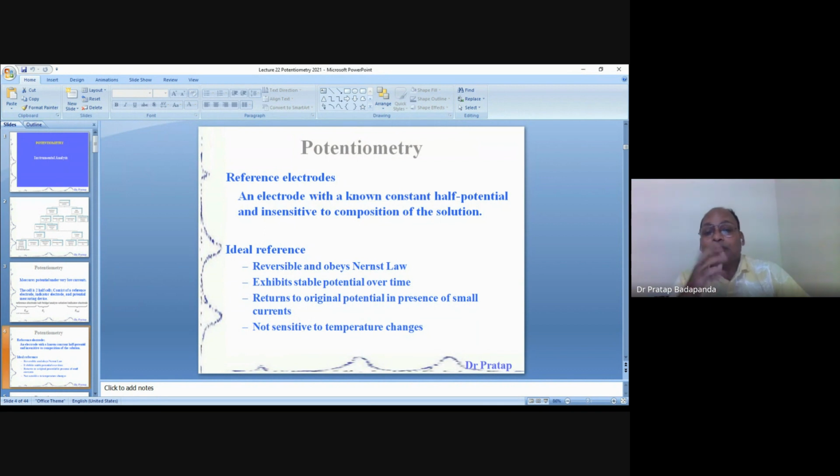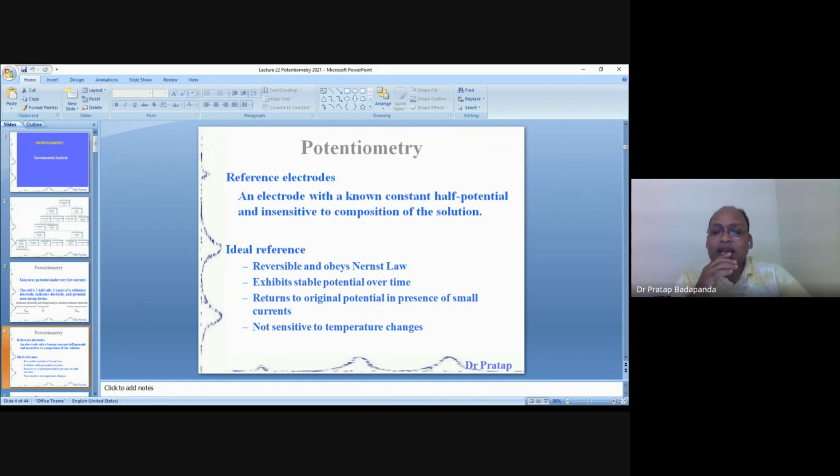Now, what kind of electrode will the ideal reference electrode be? Reversible and obeying the Nernst equation. It should exhibit stable potential over time, meaning constant potential for a longer period of time.